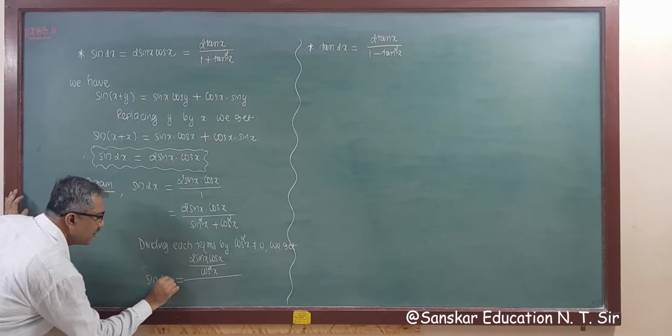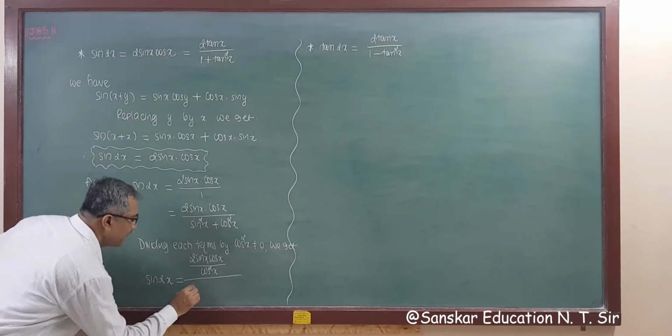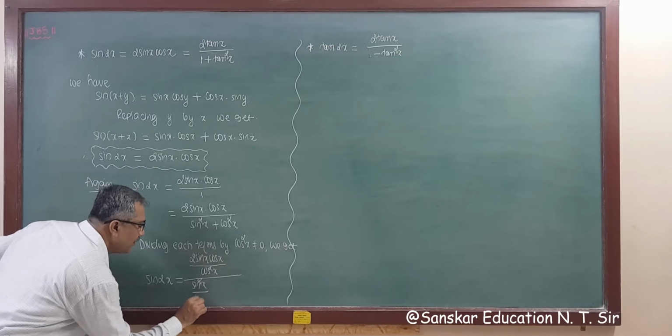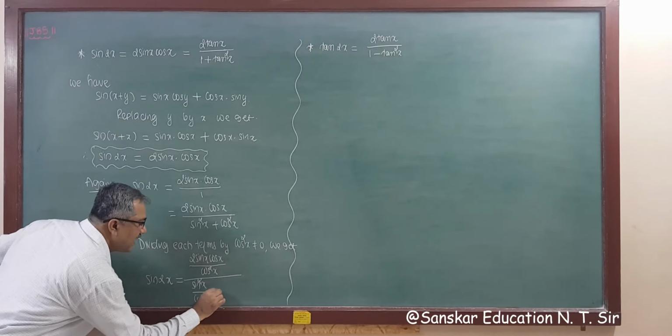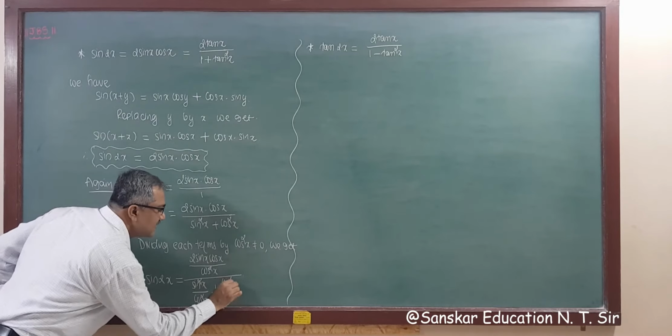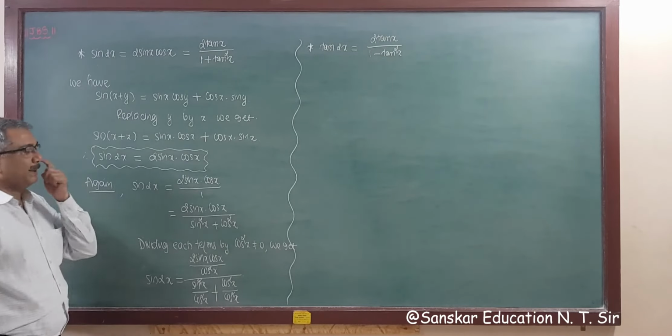So sin 2x, right? Sin square x upon cos square x, plus cos square x upon cos square x.